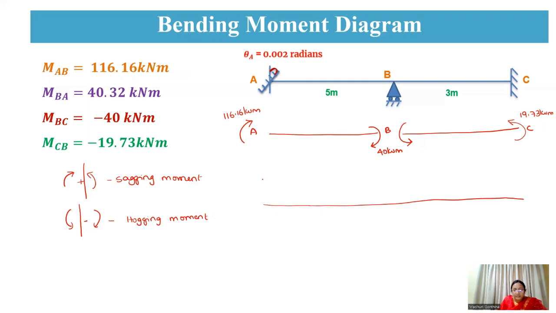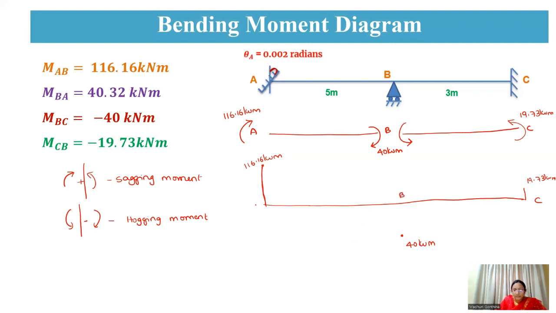Since it is sagging, it is of 116. So it is of 116 sagging. Again, it is a hogging of 40 kilonewton. So it is 40 kilonewton. So this is 116.16 kilonewton meter. This is 40. Again, here you have a sagging of 90. So this is 19.73 kilonewton meter. This is C, and this is B of 40 kilonewton meter.